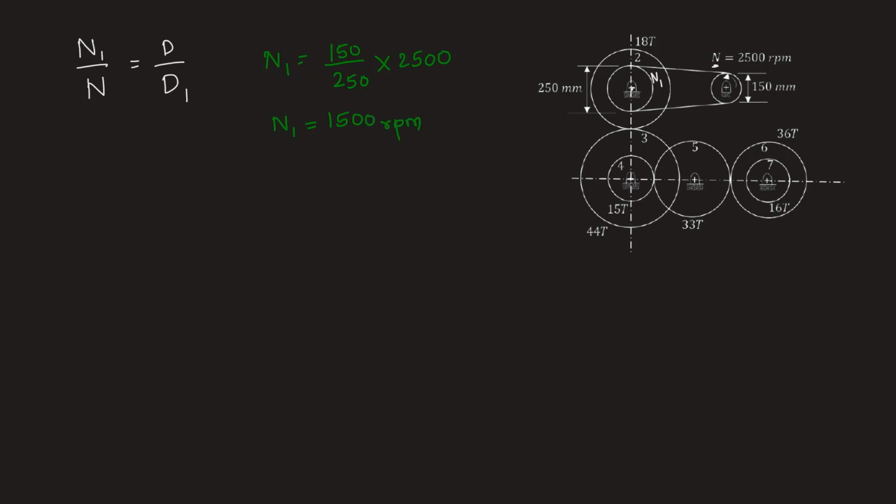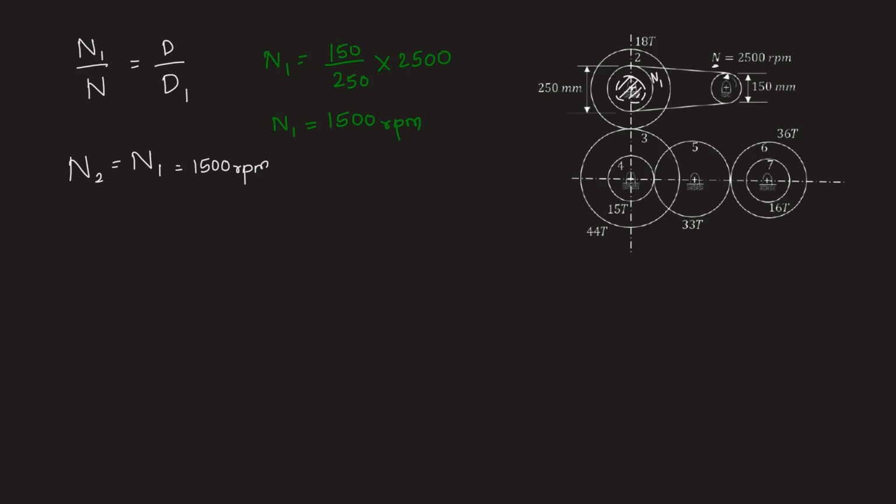Now we see that the pulley in the belt drive which has speed N1 and this gear, outer gear 2, are both mounted on the same shaft, this one, and therefore we know that speed of gear 2, N2, will be equal to speed of this pulley N1, which is nothing but 1500 RPM. Now we'll write down the relationships between the speed and number of teeth on these gears in the gear train.